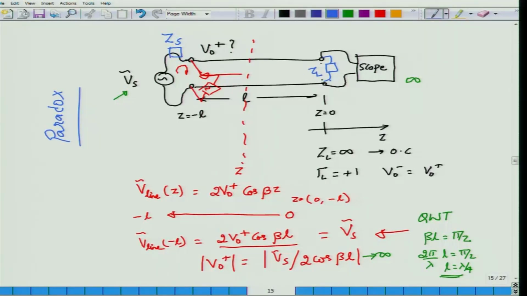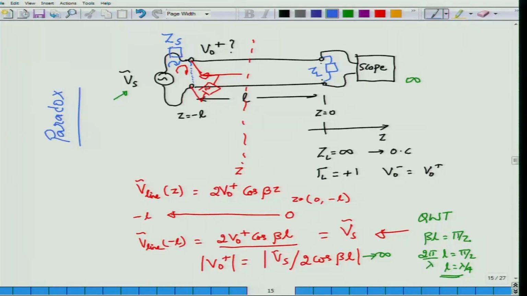So given this problem, it is not so simple to find V0 plus. Indeed, this problem can be solved by the method that I have described, and the solution is slightly more complicated than what we have already seen. The line voltage will have to change. If I consider the original case where ZL is equal to infinity, then the line voltage will be the same, but when you start evaluating the line voltage at z equal to minus L, you have to understand that there is some current flowing through this, and that current will be the line current.